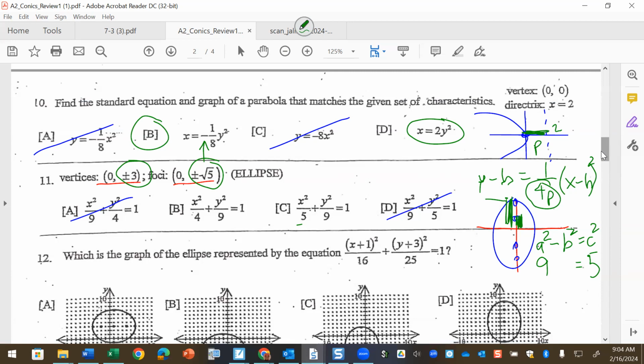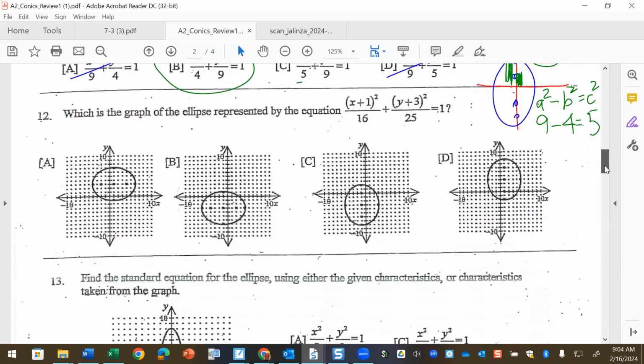Okay, so that's now A squared. 9 minus what gives you 5? 4. So we're looking for 9 in the vertical and 4 in the horizontal. Bang, there it is. Okay. So these aren't that hard. Kind of easy. Hope you think that.